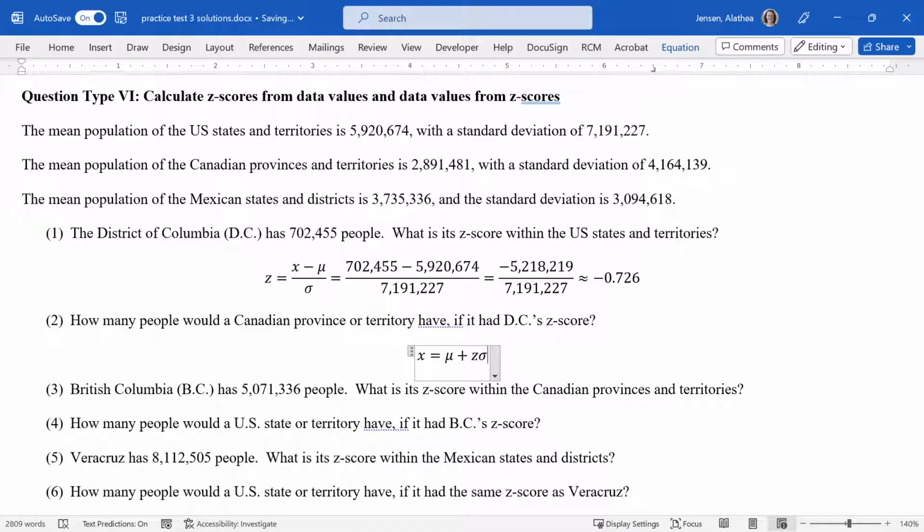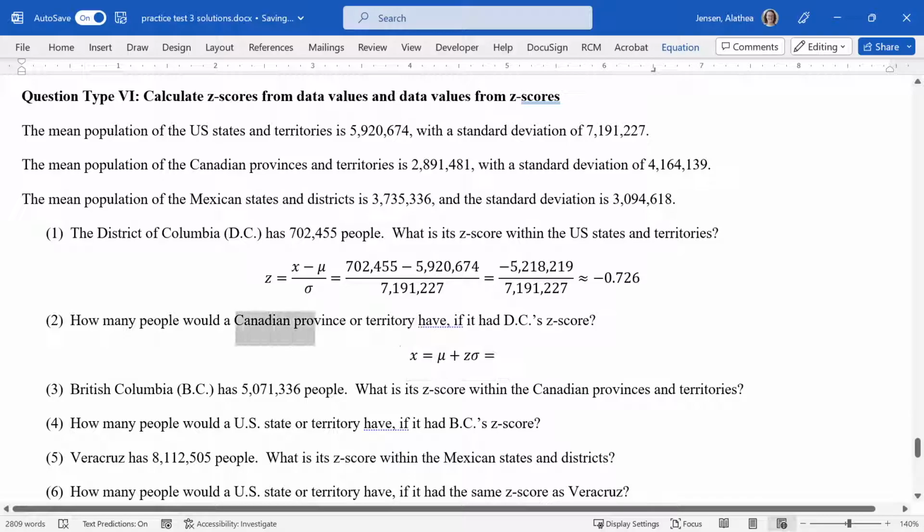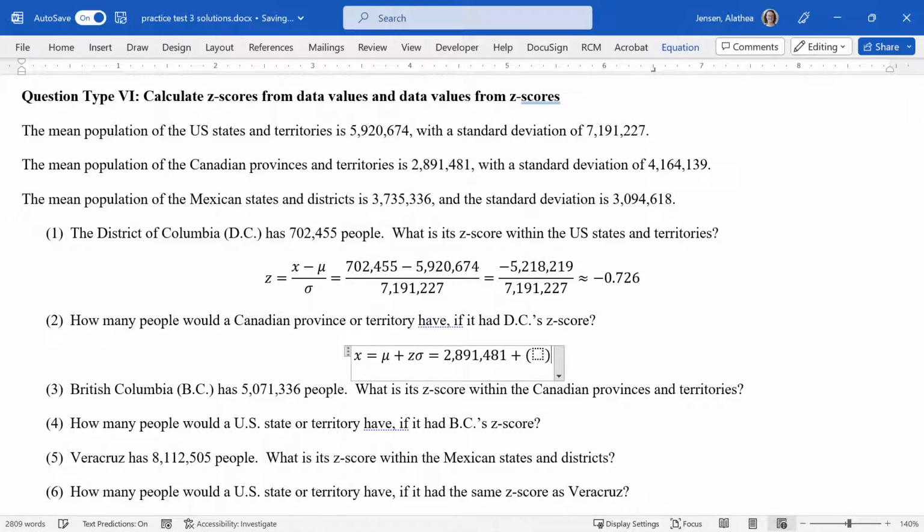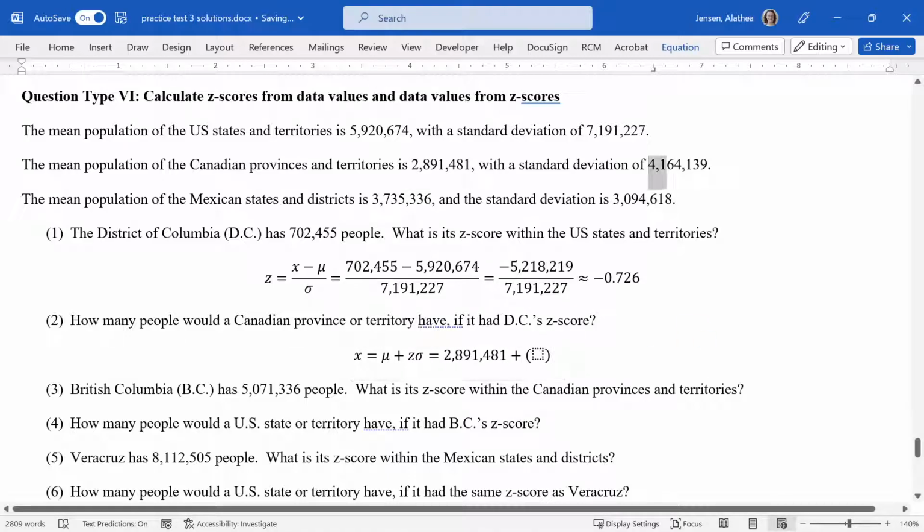So this time, the mu and the sigma that you're going to use is for Canadian provinces and territories, because we're asking about what a Canadian province or territory would be. So the mu is going to be this one for Canada, and then the sigma is going to be this one for Canada.